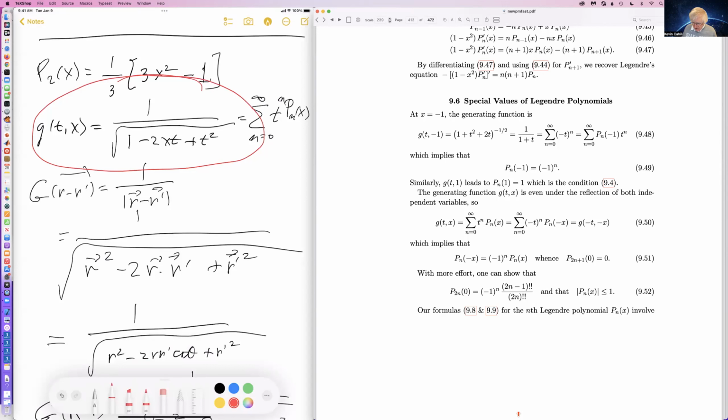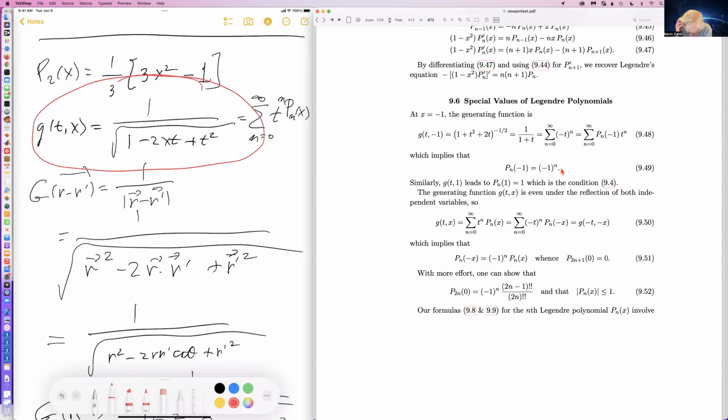And so if you have g of t and minus 1, you have a 2t and a t squared. And of course, that's just 1 plus t squared. And then that's a sum of minus t to the n. And then because it's a generating function, it has to be t to the n times Pn of minus 1. And so you find that Pn of minus 1 is just minus 1 to the n.